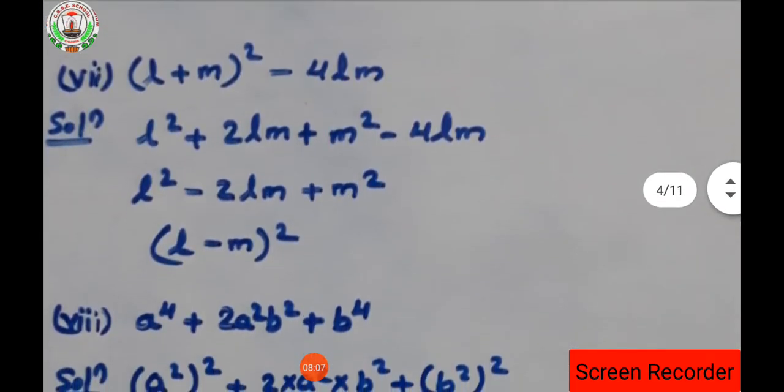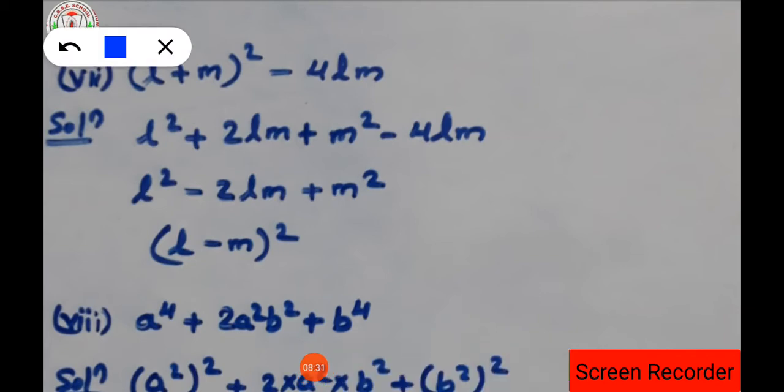Similarly, the seventh and eighth part we are having, but we are having a little bit of difference in that. First one is (l + m) the whole square minus 4lm, isn't it? So (l + m) the whole square, can we expand it in the form of (a + b) the whole square is equal to a² + b² + 2ab? Yes, of course we can expand it. So here I had expanded. (l + m) the whole square is expanded as l² + 2lm + m² - 4lm.